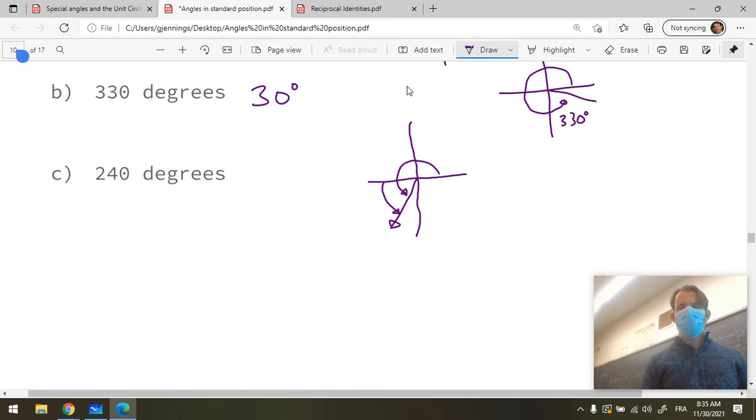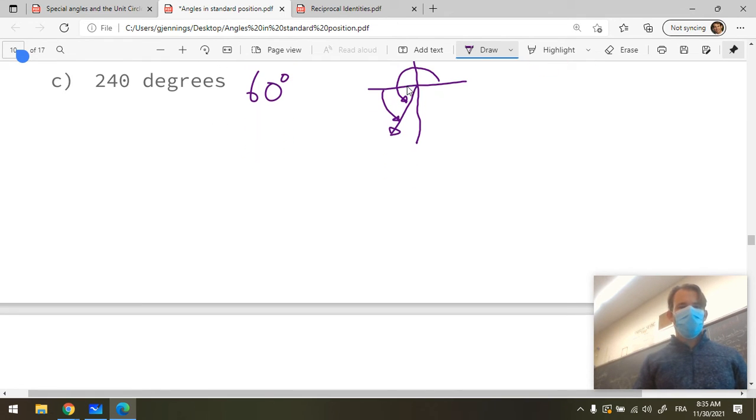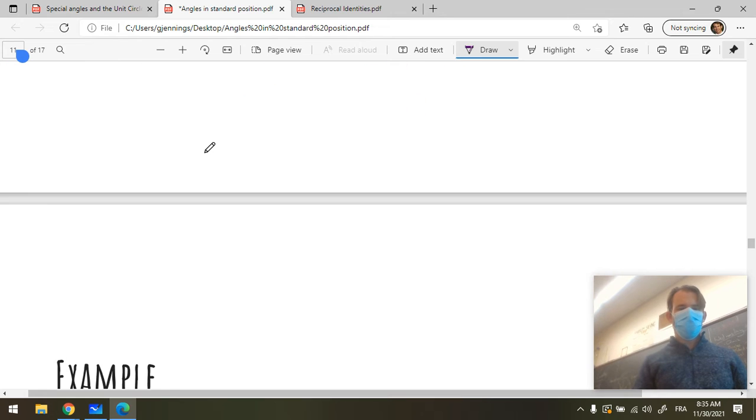So what's that angle going to be? 60. Yeah, 60. That's a useful idea because for this angle, 60 degrees, we know its sine, we know its cosine. We're actually going to learn the exact values for those today in a future bit of practice. And those are related to this angle 240.